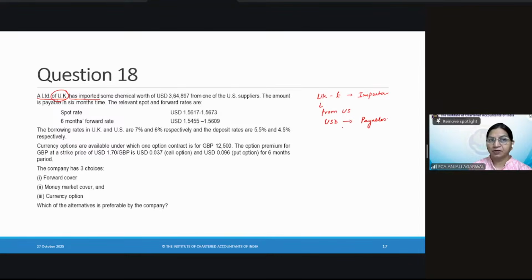If you are an exporter, you will receive the payment. So he will have USD payables. Next thing is the amount. Once I have deciphered all this information, the next thing is how much is the amount. So it's $364,897. And the period is 6 months.